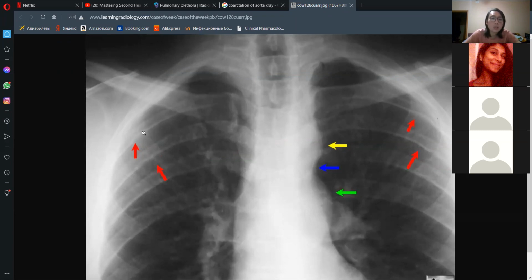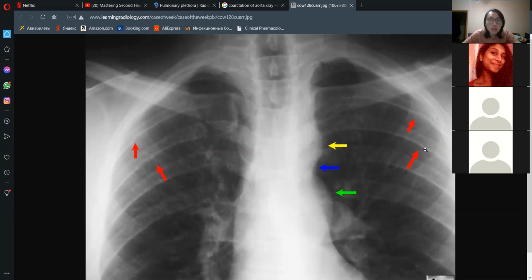So what does this notching or roughness on the X-ray picture reflect? You can see it because the intercostal arteries are now dilated. They are big.